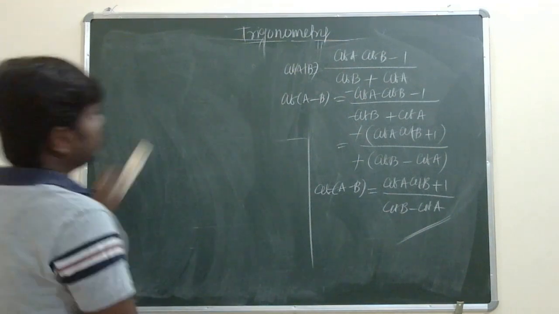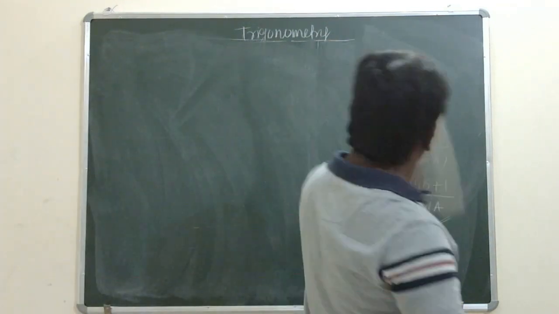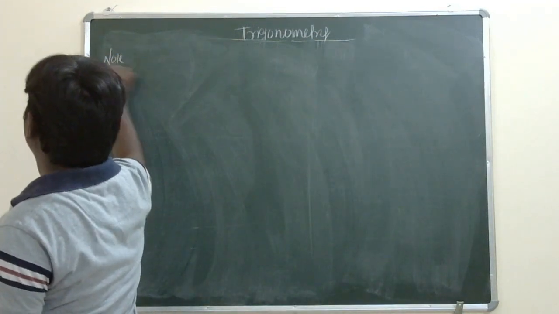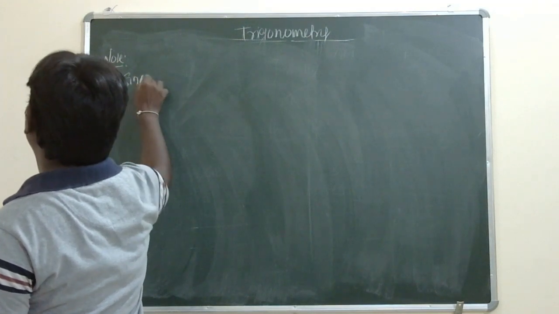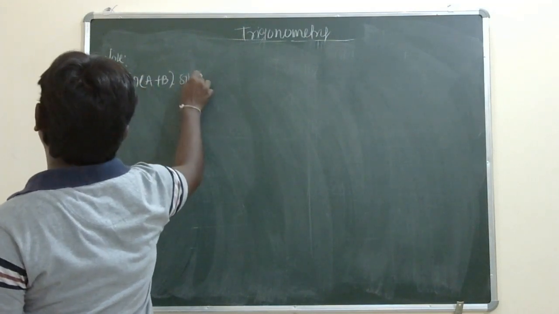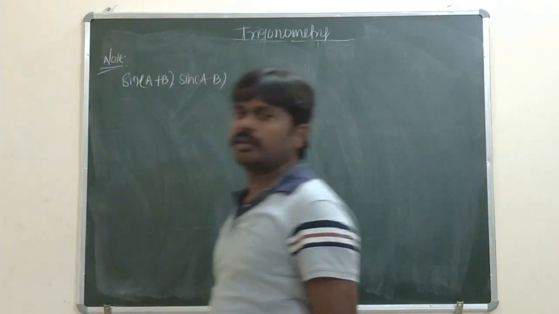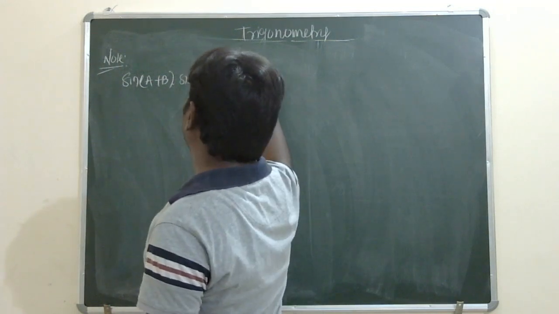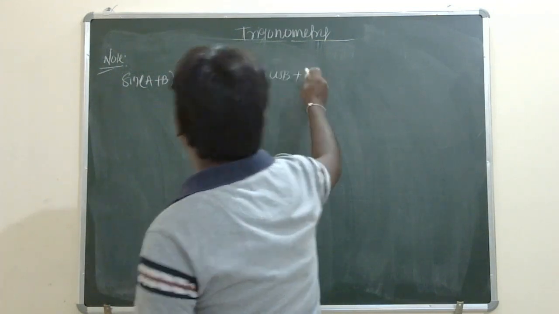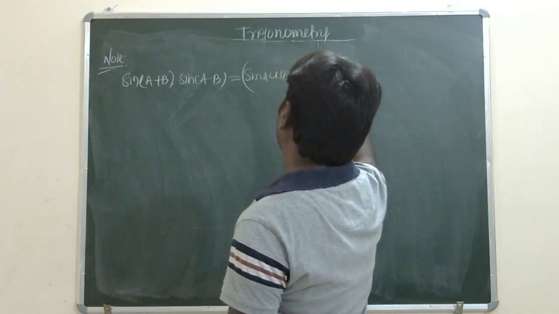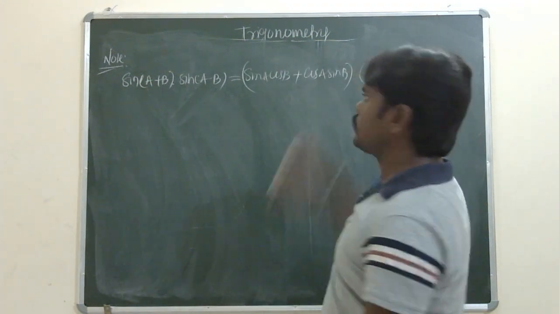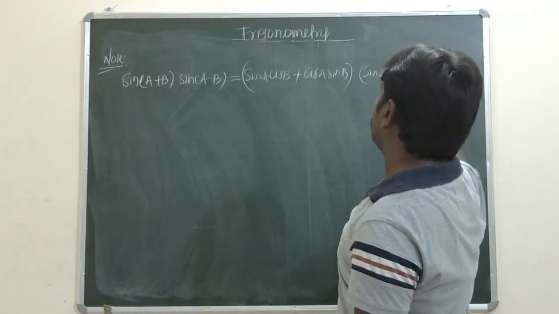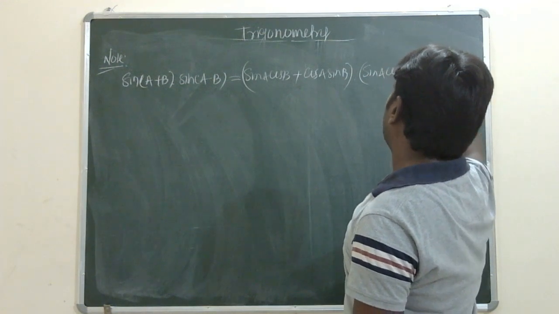So here sin A plus B into sin A minus B. So sin A plus B expansion is what, sin A cos B plus cos A sin B, into sin A minus B expansion, sin A cos B minus cos A sin B.